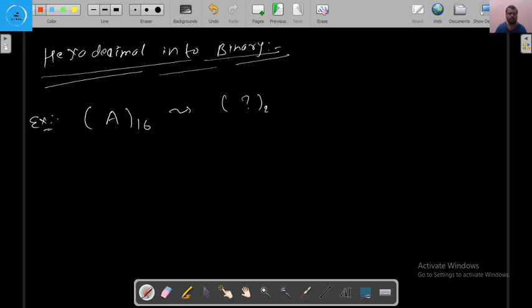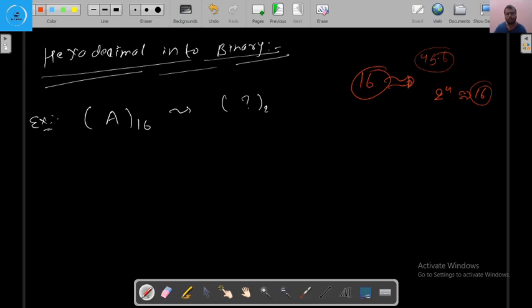We have seen that for hexadecimal there are 16 possible symbols, so the radix will be 16, and for 16 possible combinations there should be 4 bits. That's why 2 to power 4 is 16.